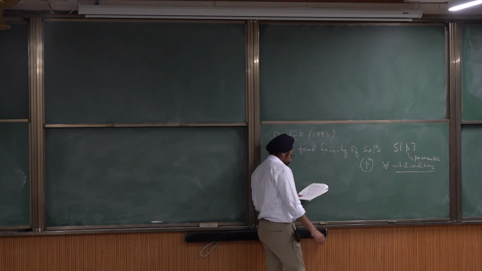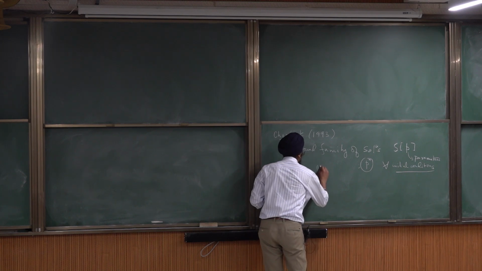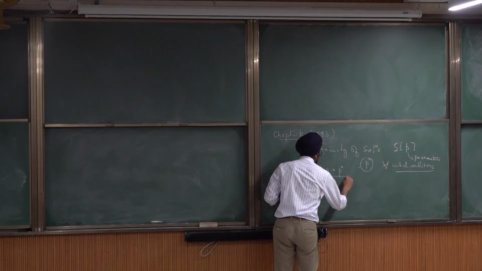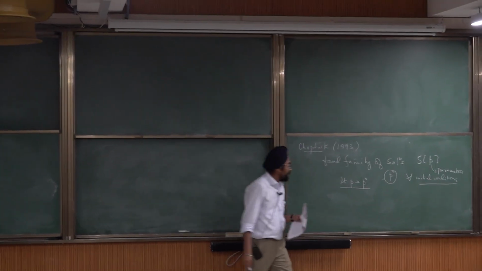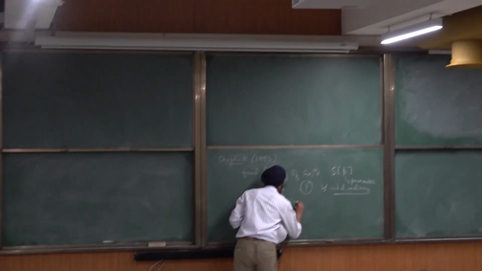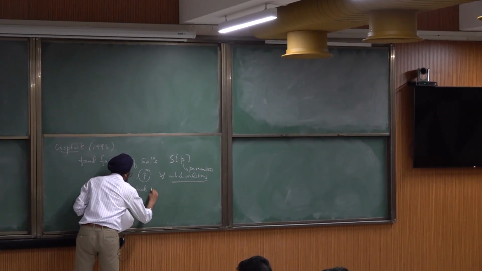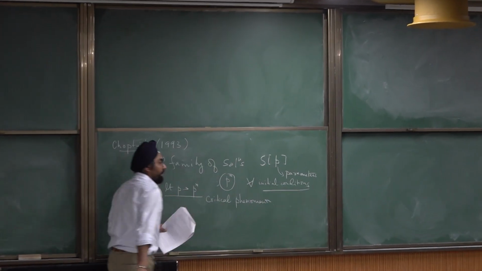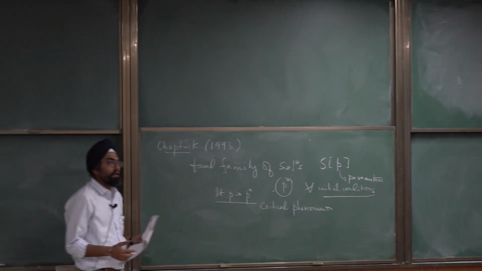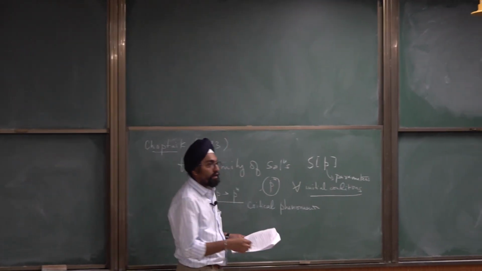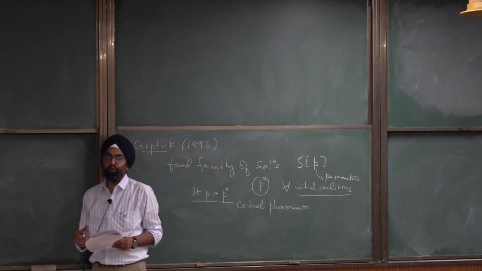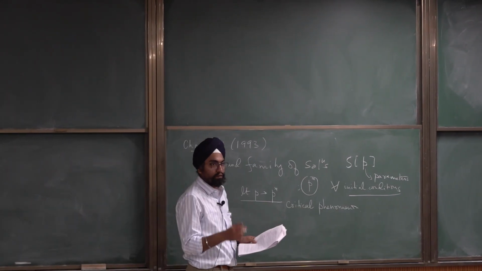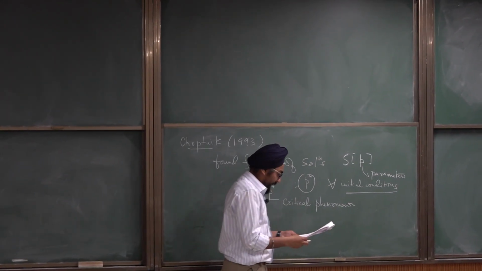In the limit P equal to P star, it gave you critical phenomena. That is, you started seeing structures appearing at smaller and smaller spatio-temporal scales, both in the temporal region as well as in the spatial sector.